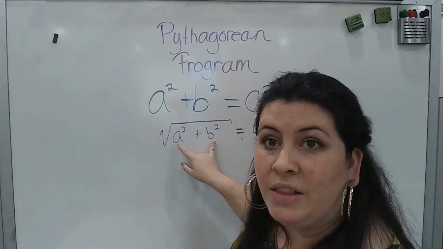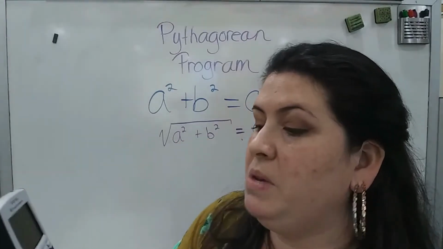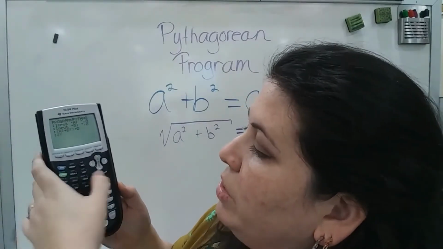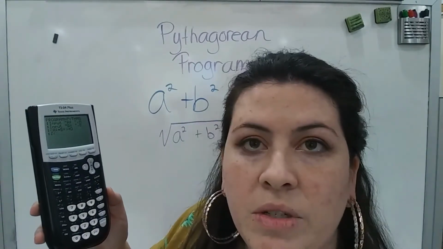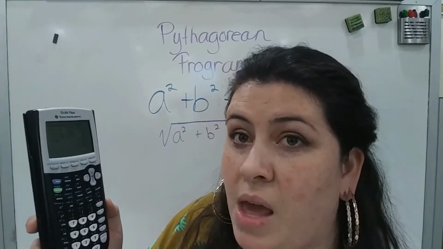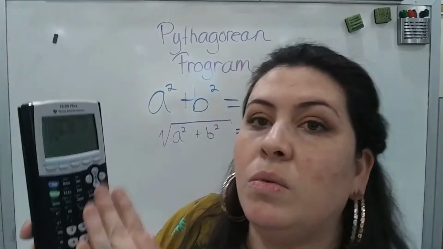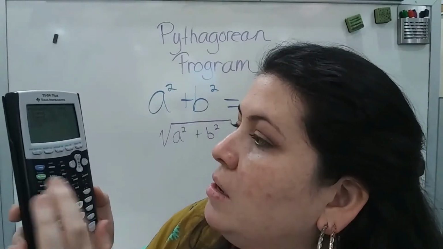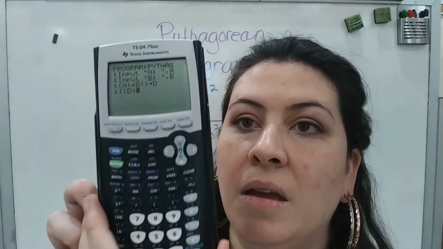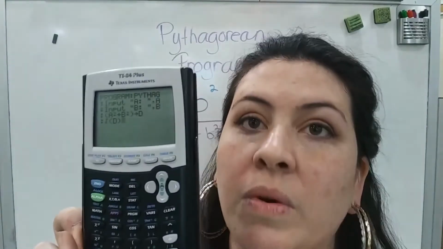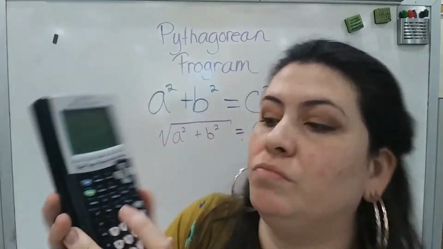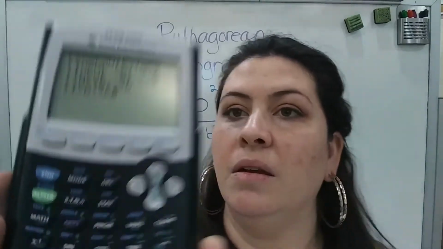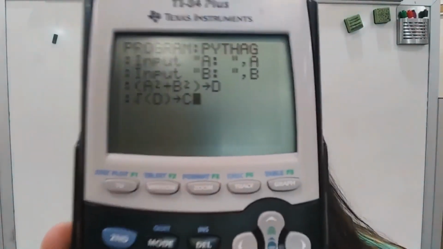Now let's tell it to take the square root of a squared plus b squared. So we will do second square root, just the same way you would if you were going to ask the calculator to do that operation for you right now. We'll do it in here into the program. Square root of D, close parentheses. We're going to store that as C. Store as C. And it looks like that.